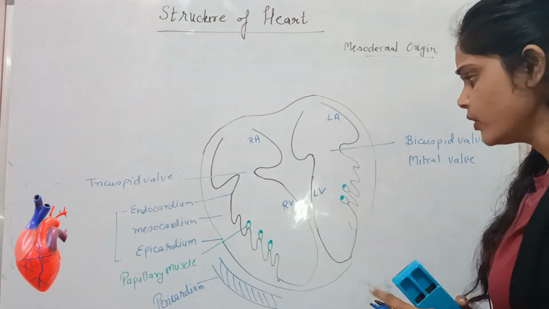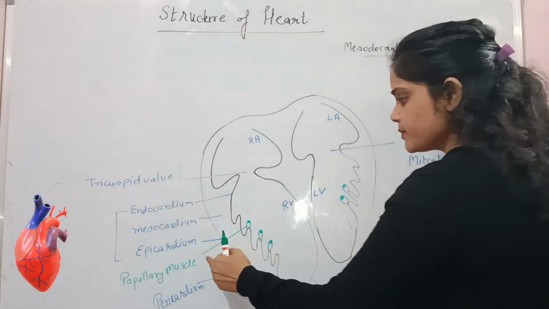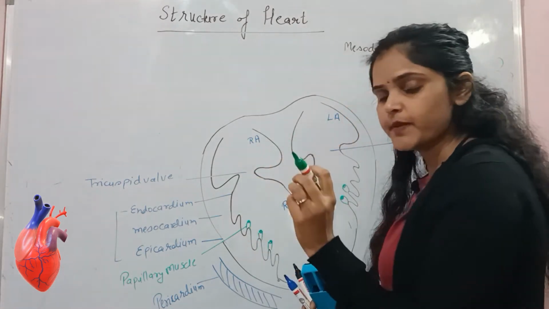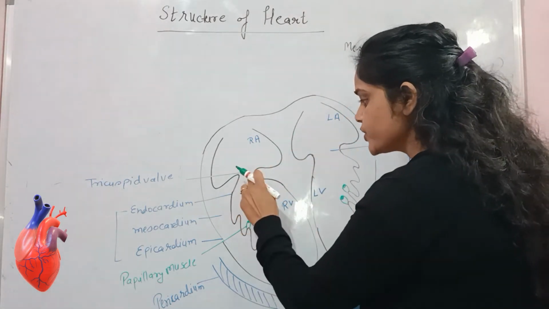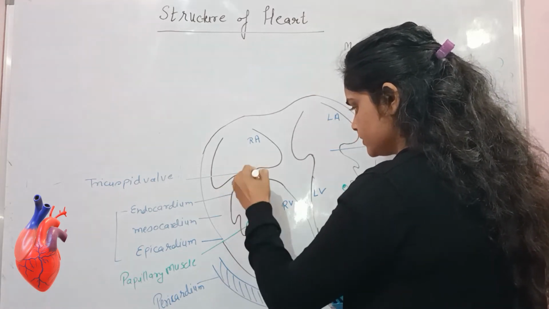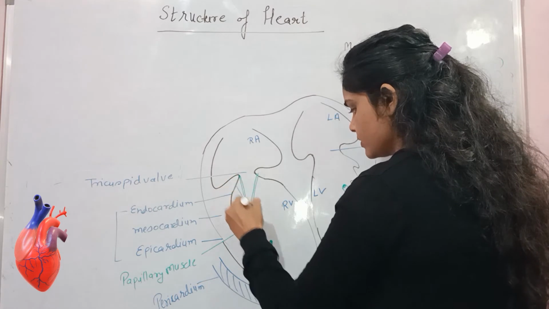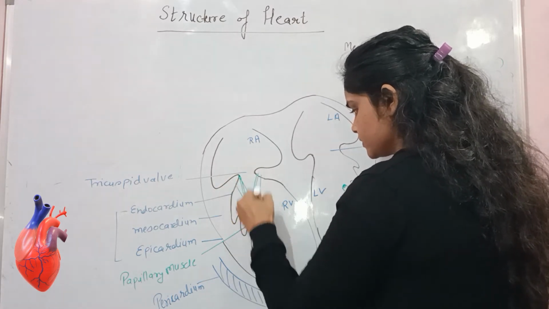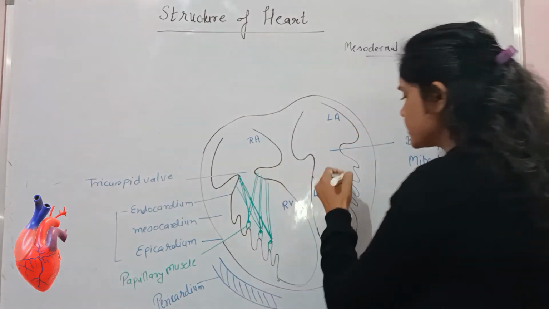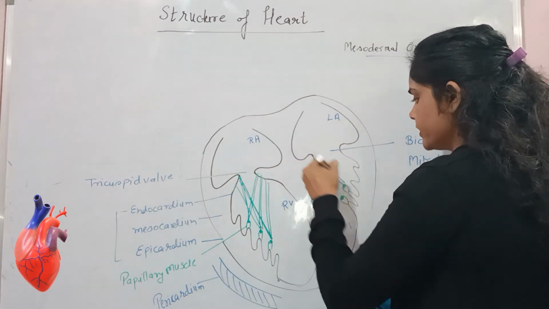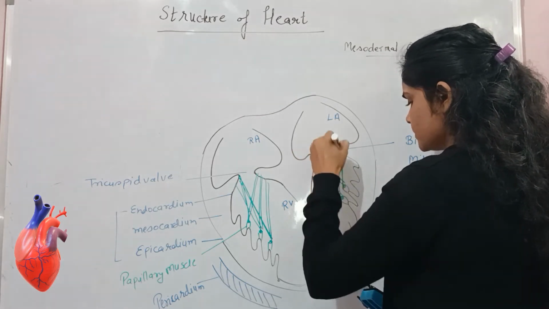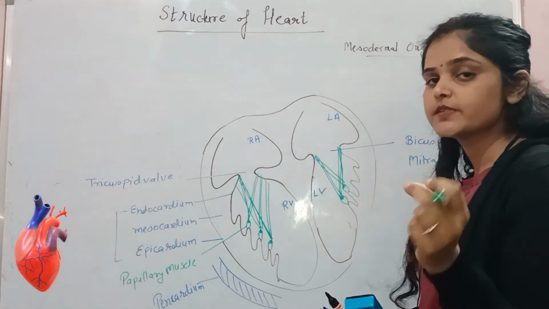Okay. Now, I have talked about these papillary muscles. These papillary muscles have some specific thread-like structures which bind with these valves. These thread-like structures are very, very important, because they do not allow the reversal of valves.